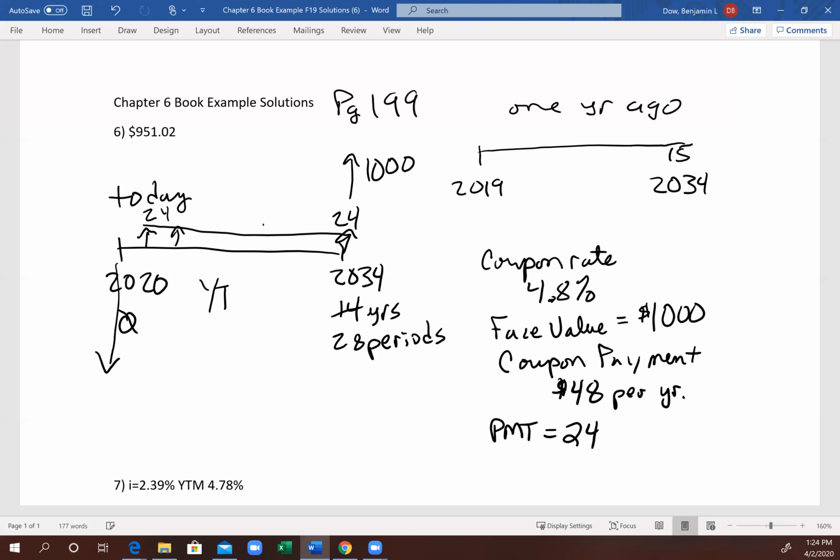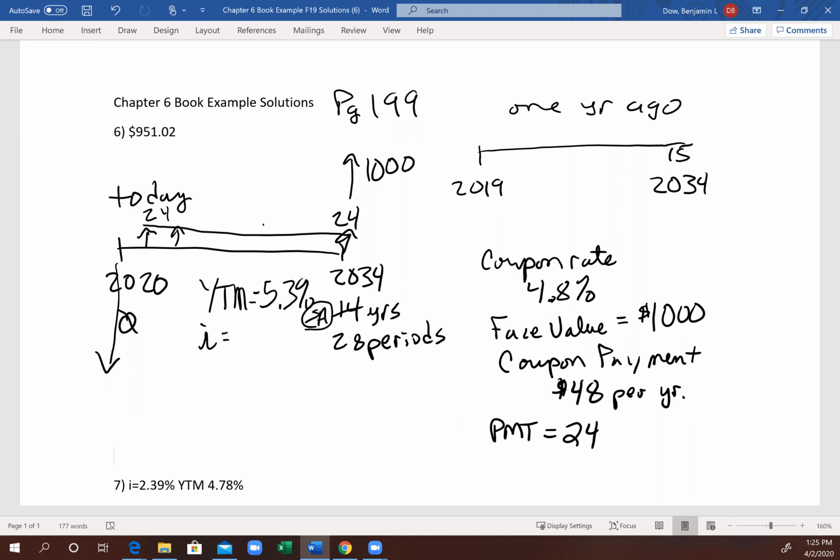given the fact that the yield to maturity is 5.3%. If the yield to maturity is 5.3%, that's per year, then the interest rate we want to use, and that's also going to assume compounding at the same rate as the coupons.